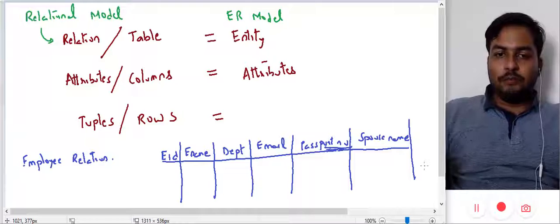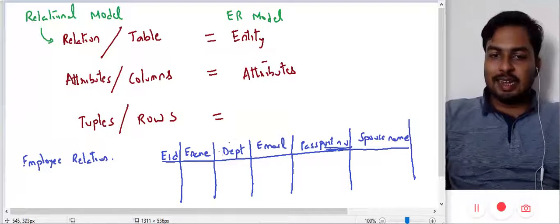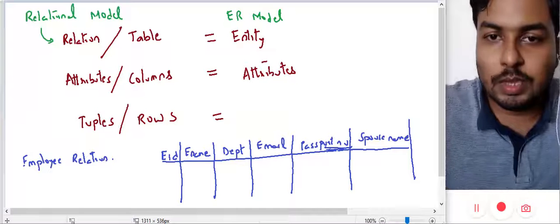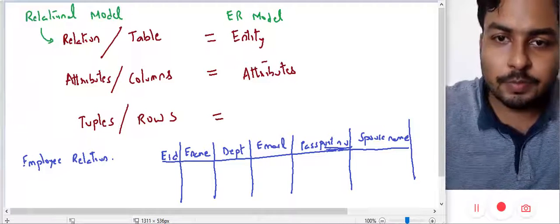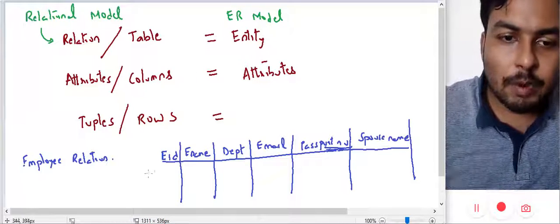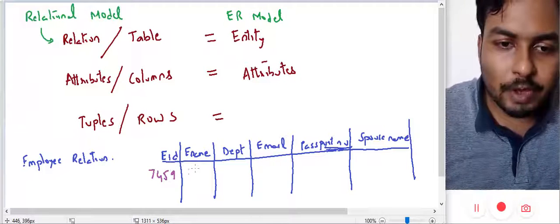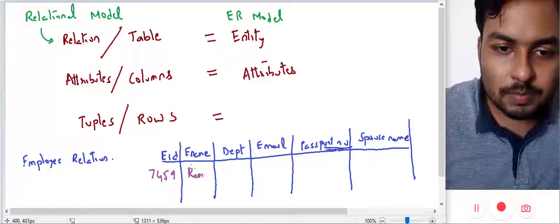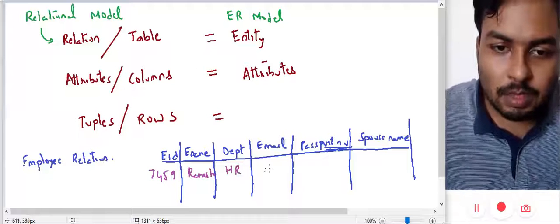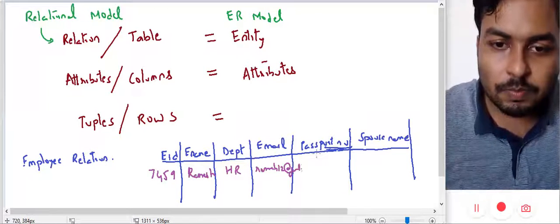So now, let me write it down. Employee ID is 7459. Employee name Ramesh. Department HR department. Email ID ramesh12@gmail.com.